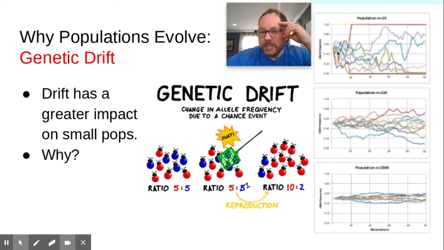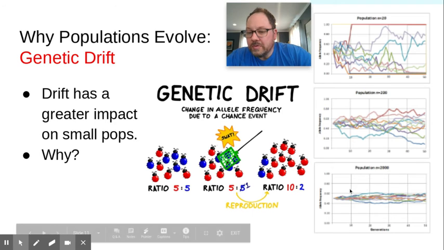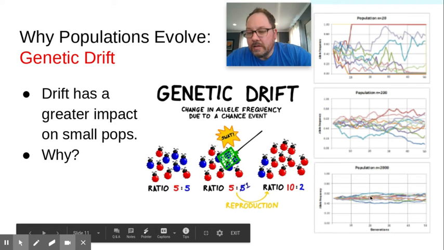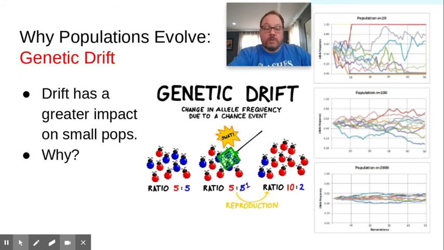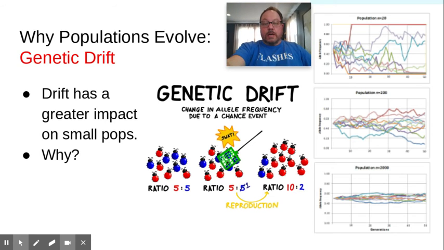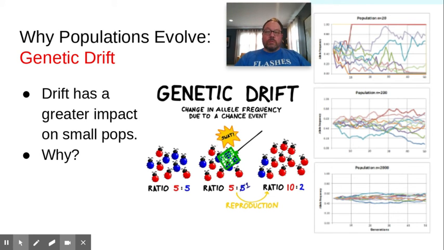You can run this and look at variation in populations at different sizes. So here, with a small population size of 20, you can have a lot of disruption in terms of allele frequency. But here, if you move up to a population of 2,000, then frequencies of alleles stabilize quite a bit.